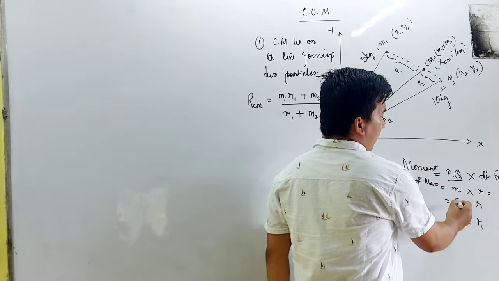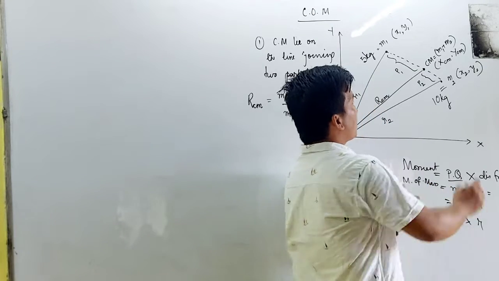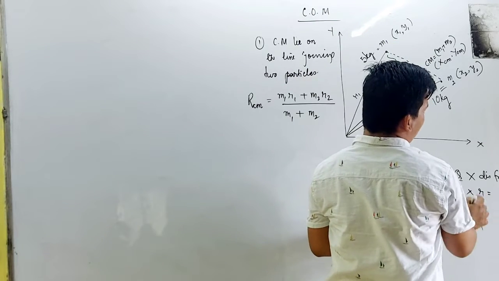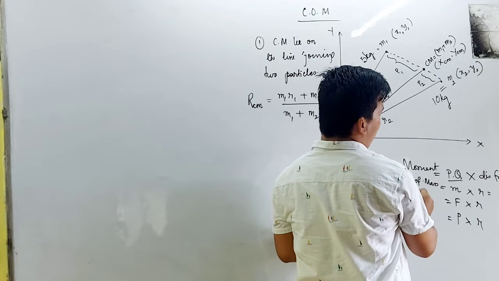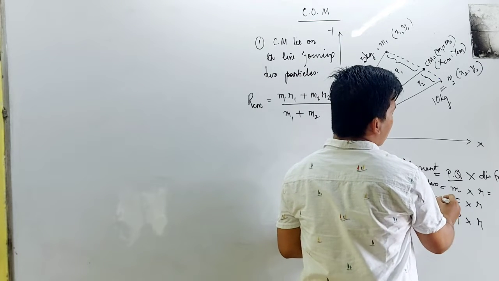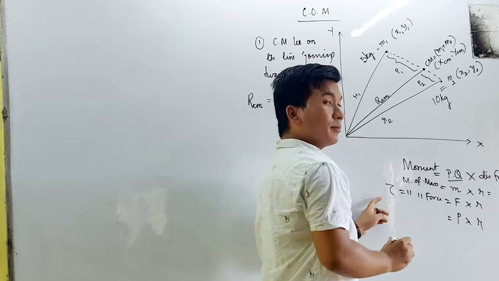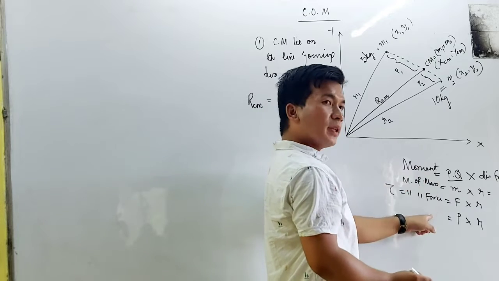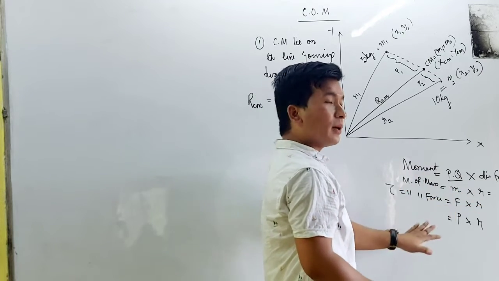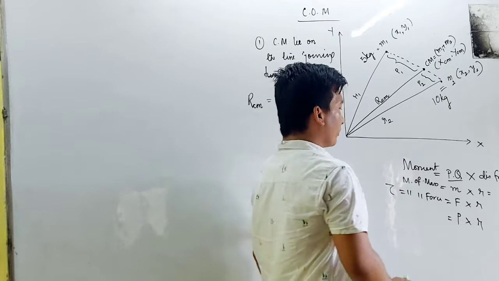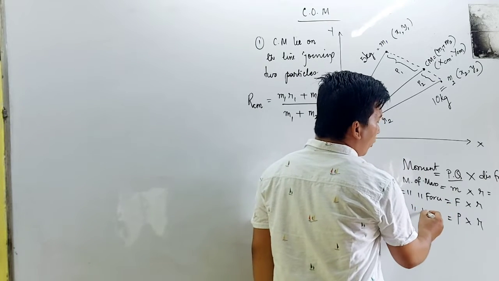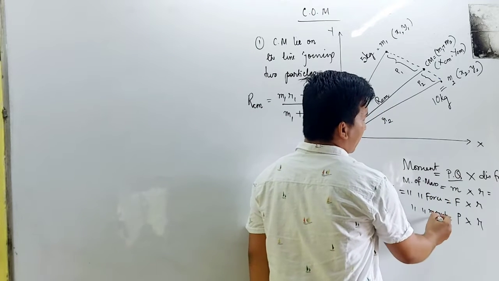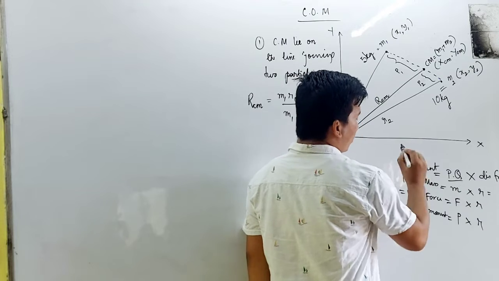If we consider force F multiplied with distance R, this is known as moment of force, or torque. Don't worry, we will discuss torque and linear momentum in detail in the next chapter. For the time being, simply understand what moment is. And the moment of momentum is known as angular momentum.